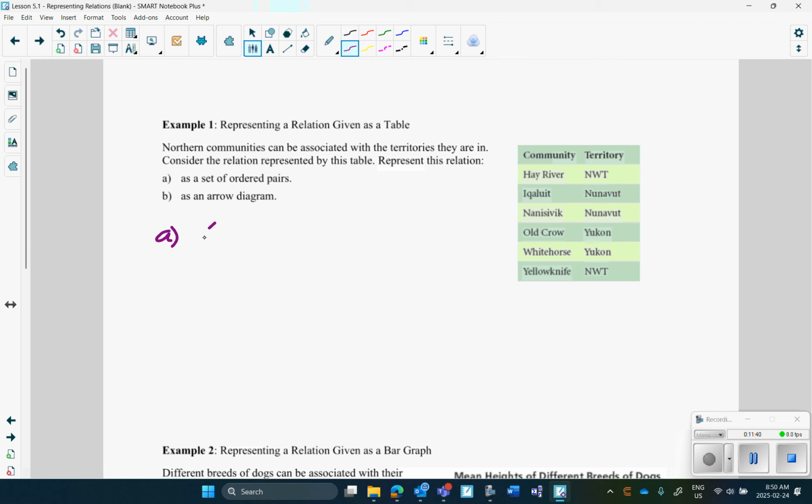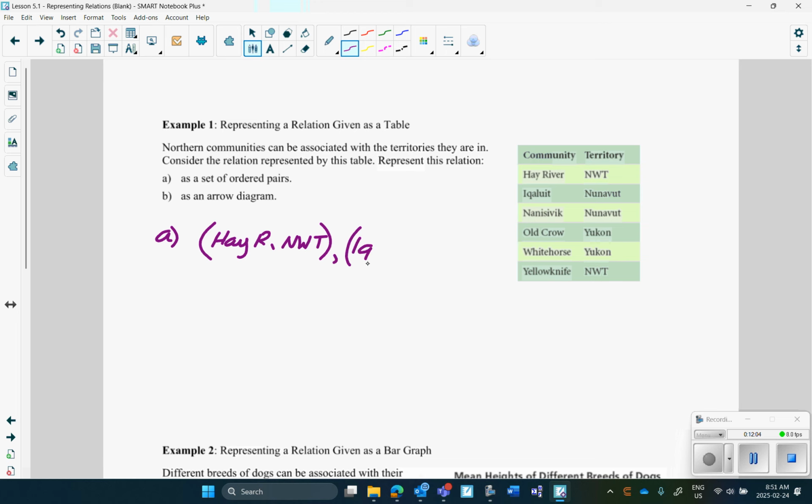Well, we would just take each pair and write them out. And we'll use shorthand just to save ourselves a little time. So we would have Hay River is in the Northwest Territories. That's one part of the relation.